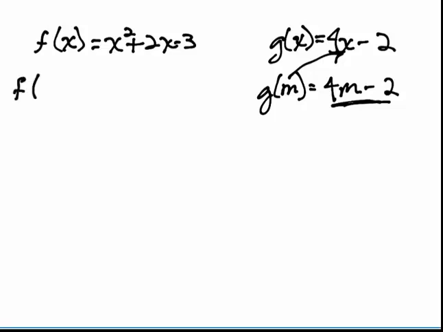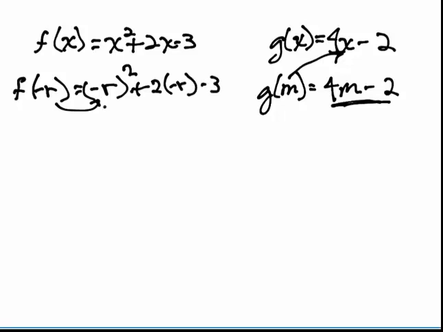Same thing if you have a negative variable. You apply all the same rules that you have learned, and you would simply go, oh, I have a -r, and that whole thing is squared. Then I put in 2 and my -r and a -3. You still must do your math where you can.